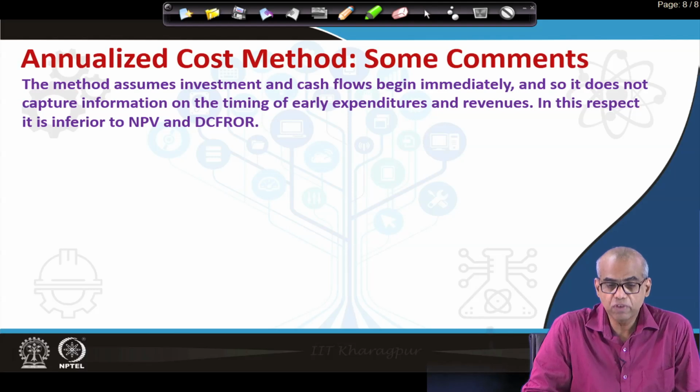The method assumes investment and cash flows begin immediately. So, it does not capture information on the timing of early expenditures and revenue. In this respect, it is not as good as net present value or discounted cash flow rate of return.